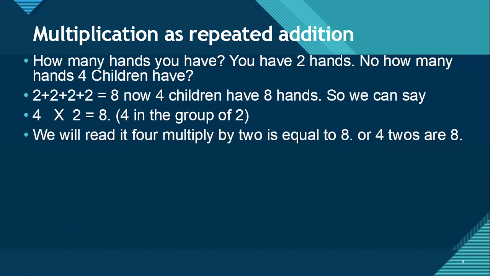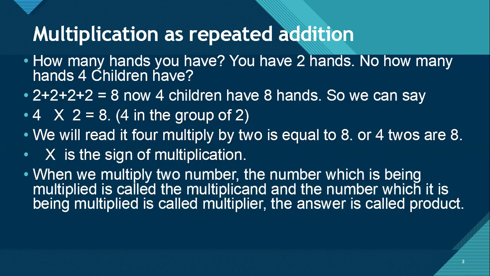Now we will read it as 4 multiplied by 2 equals 8, or we can say 4 twos are 8. We will read all this in tables. So 4 twos are 8, and this multiplication sign, the X, is the sign of multiplication.